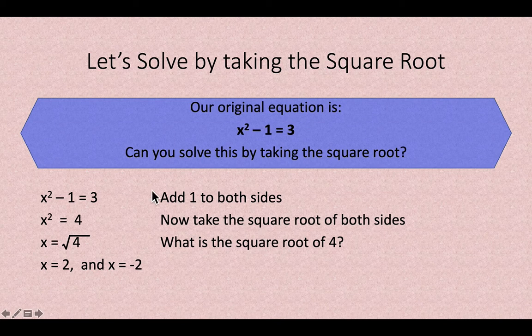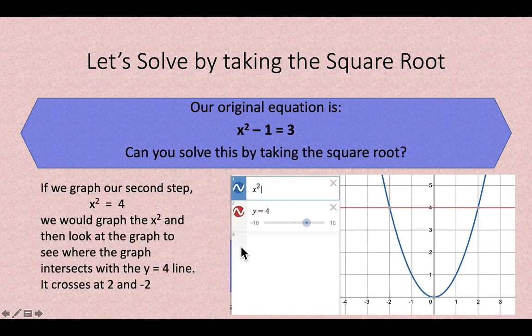And so this is how you would do it algebraically by taking the square root of both sides. And so because we have 4 on one side, when you graph it, you're looking at where does the graph hit the line y equals 4. And so that's where we get our 2 and our negative 2.